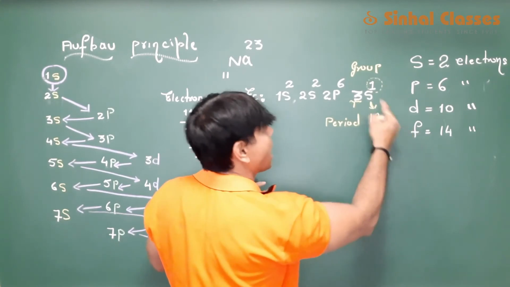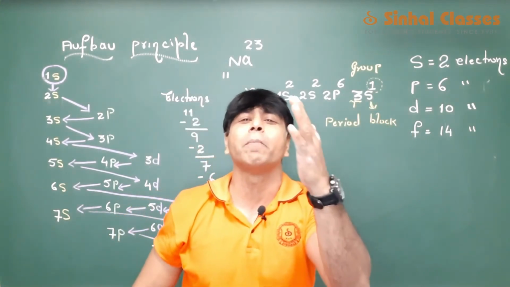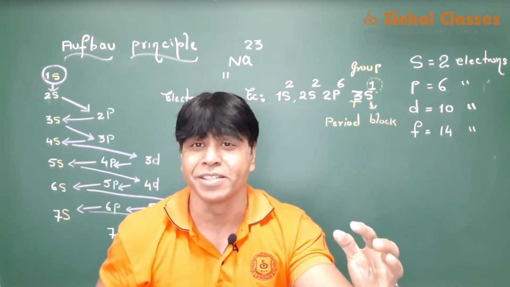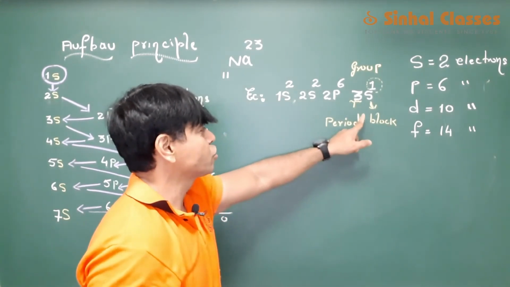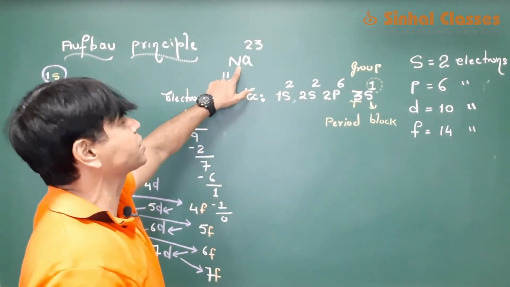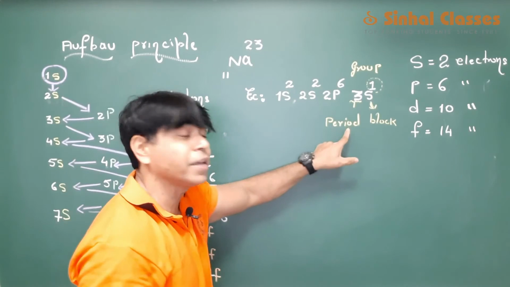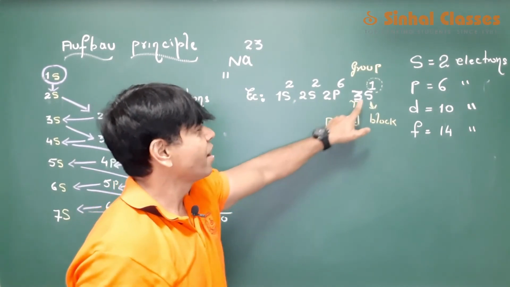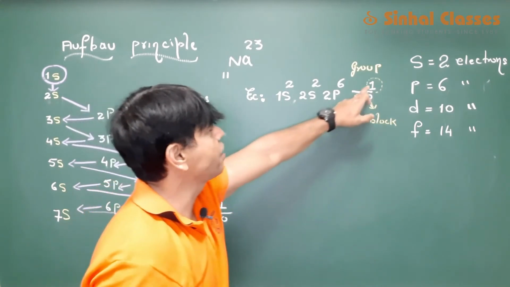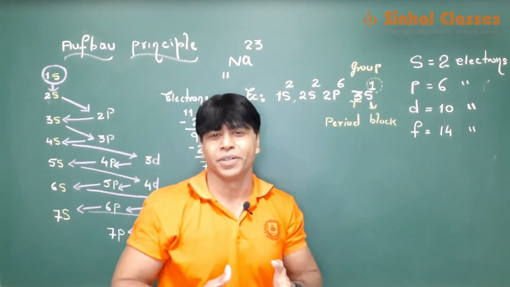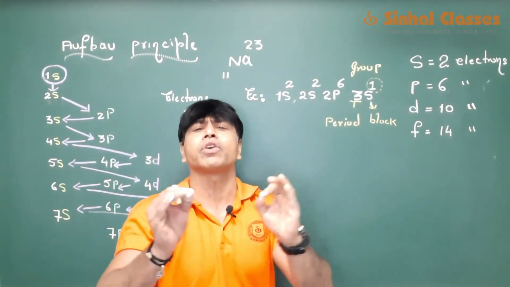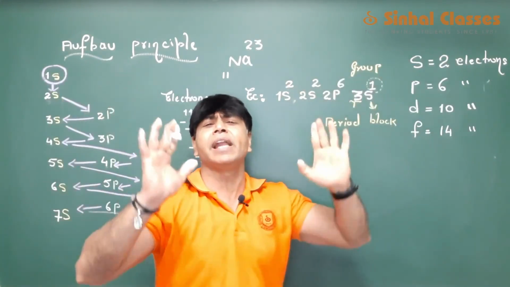And remember, S block elements are very strong metals. Okay? So what is the position of sodium in the periodic table? It belongs to 3rd period, S block and 1st group. Okay, like that you can write the electronic configuration of any element.